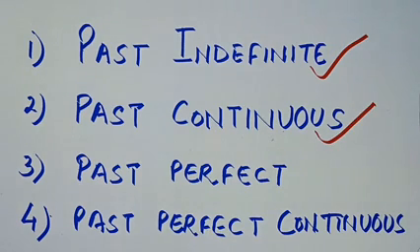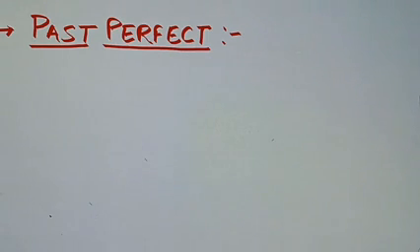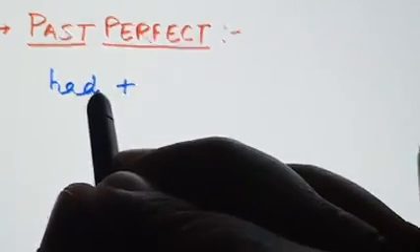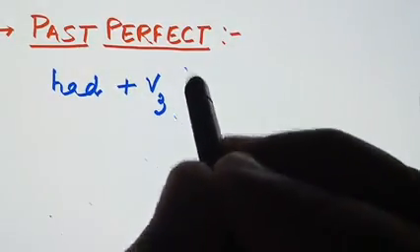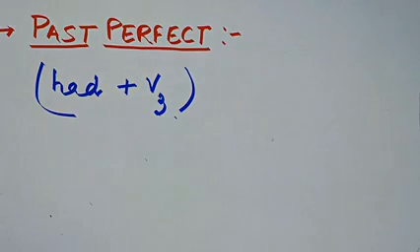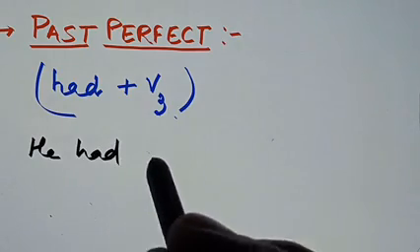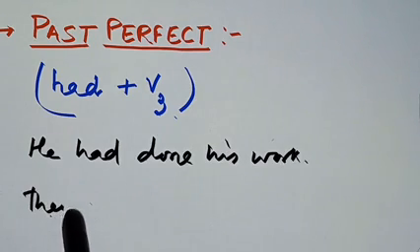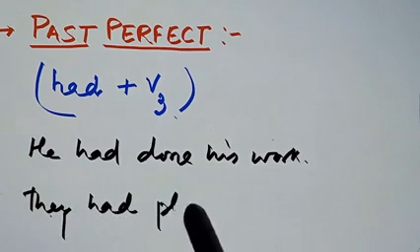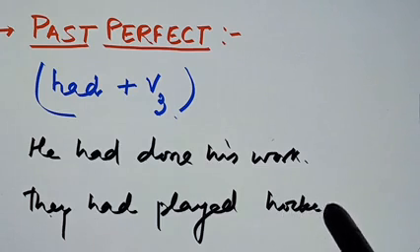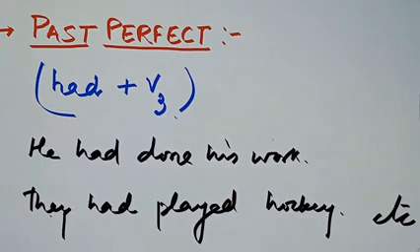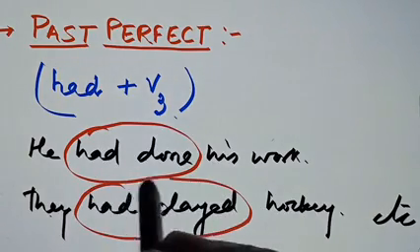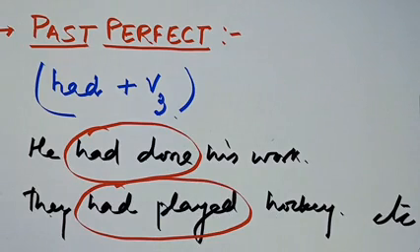So first of all we'll take up past perfect, and the rule for past perfect tense is had plus third form of the verb, like he had done his work, they had played hockey, etc. So in both these sentences we can see had plus third form of the verb is used.